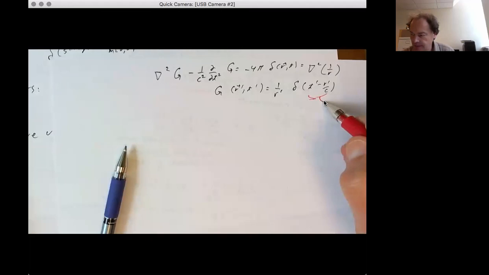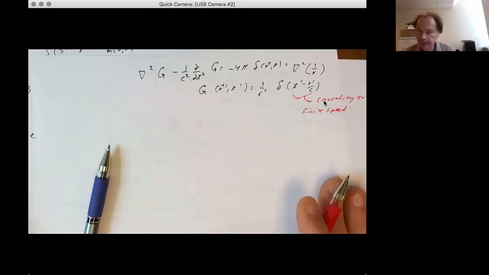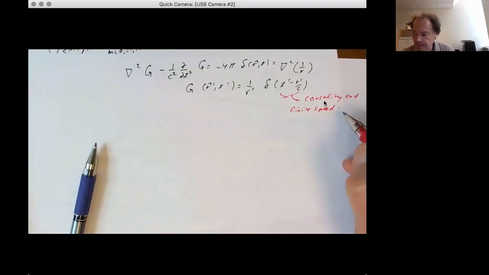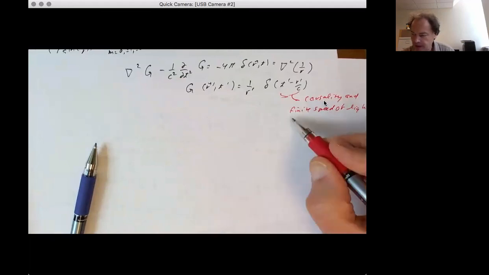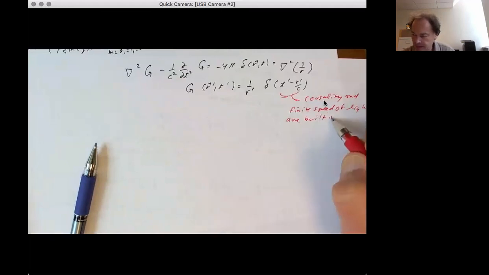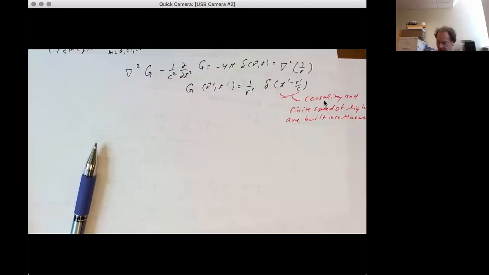So causality and the finite speed of light are built into the Maxwell's equations. And the reason why I say that, of course, is because that's what you get as a solution for the Maxwell's equation.